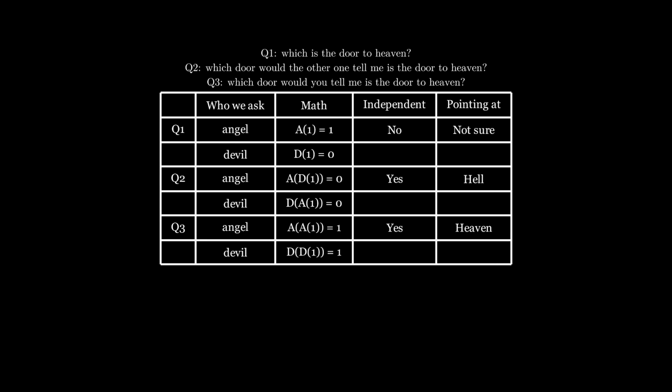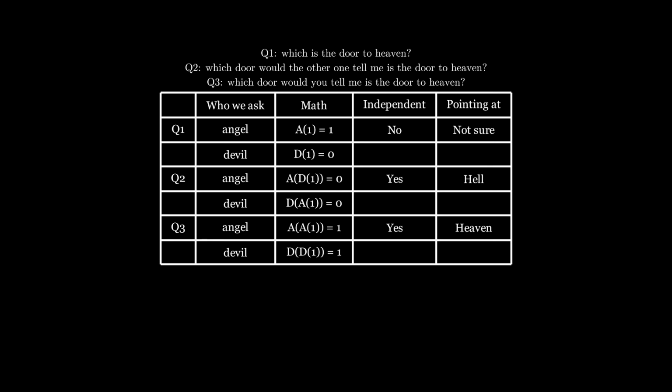This is actually the solution that is standard and is used by most people, but question 3 is another way that we can get a perfectly good solution. So question 3 says, which door would you tell me is the door to heaven? And so if you ask that question to the angel, you just get the angel of 1, which is 1.